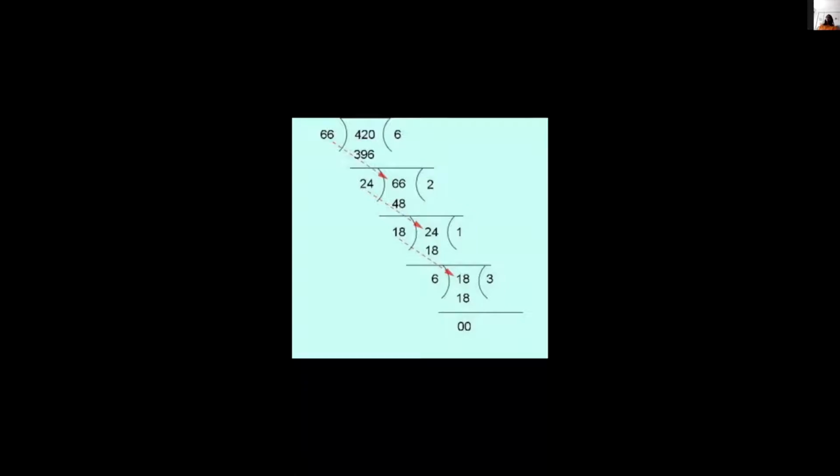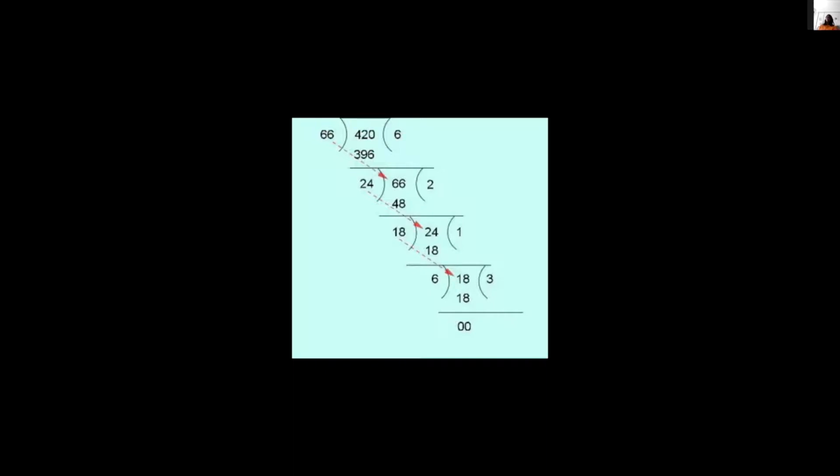See, A is the dividend. Look at the first step. I think everybody should pay attention. I'm explaining this again. There are 4 steps here to reach the answer, to reach the HCF. We are looking at the first step. In the first step, dividend is 420, divisor is 66, quotient is 6, and remainder is 24. Is that okay, Akshat? Yes, ma'am.